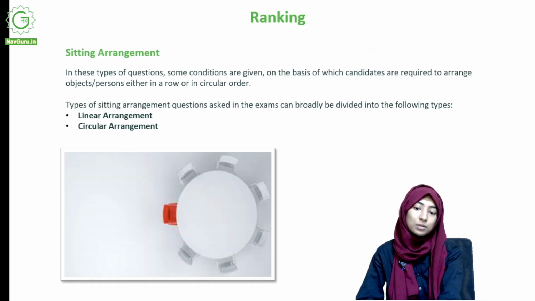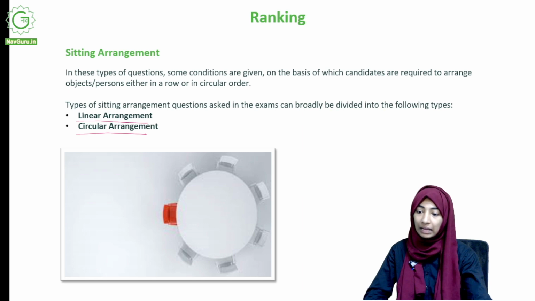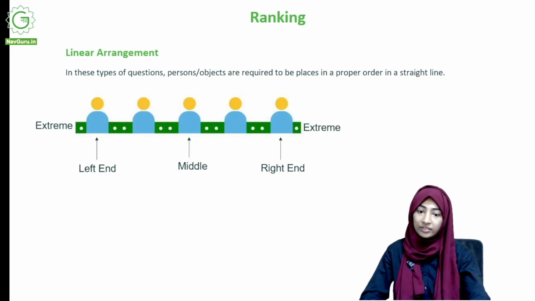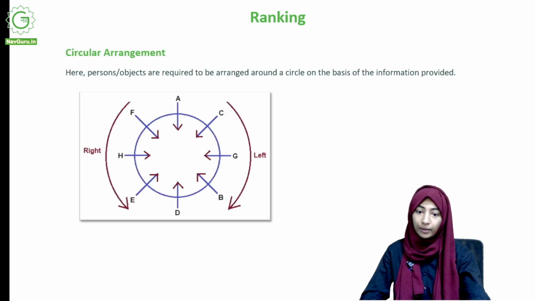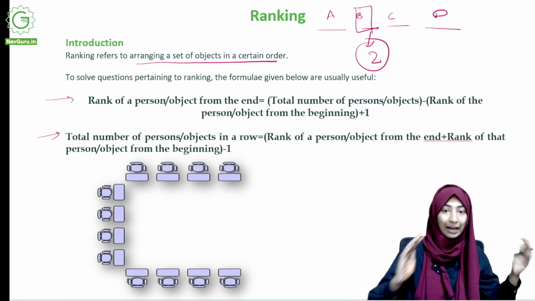In sitting arrangement, we have linear arrangement and circular arrangement, which are of this kind. Don't worry, we'll go through all of these in detail. I just thought I would introduce you to what we have under this chapter.